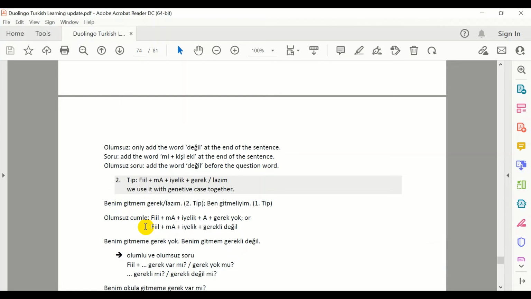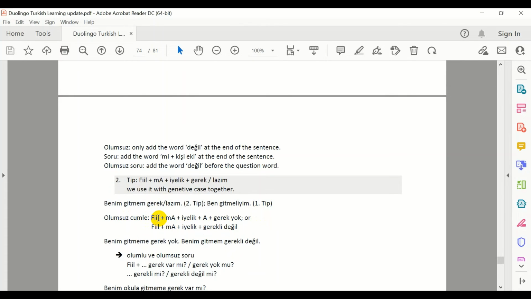Now if you want to use the interrogative or negative structure, it is a little different from the general structure that we already discussed. So here is the structure.